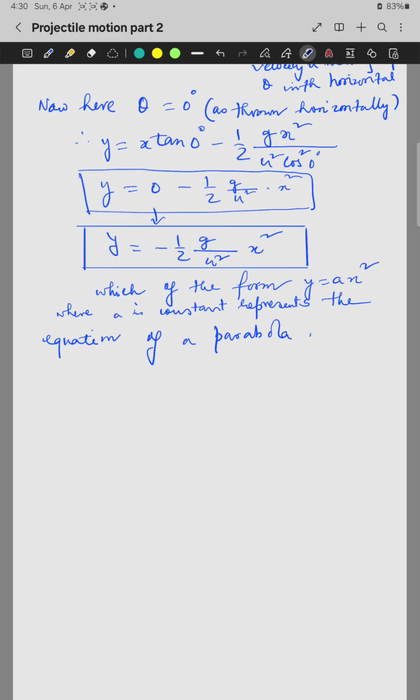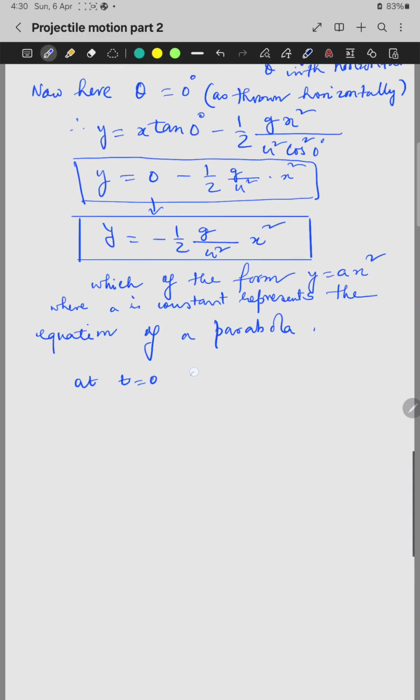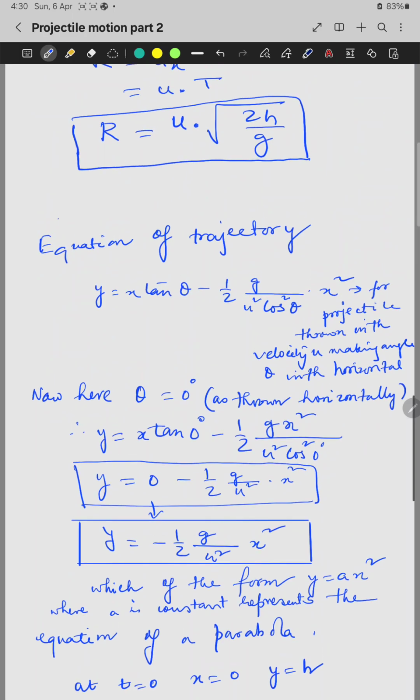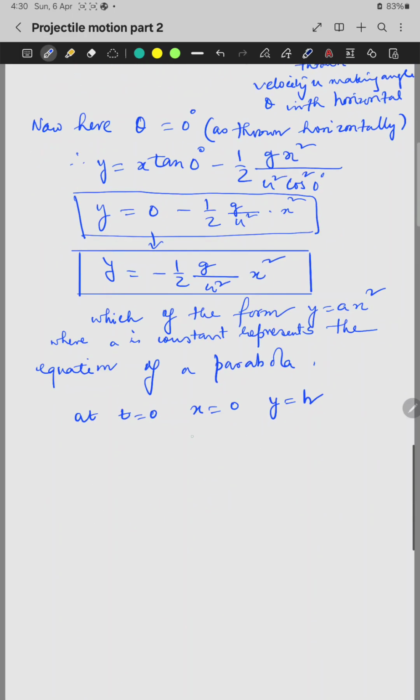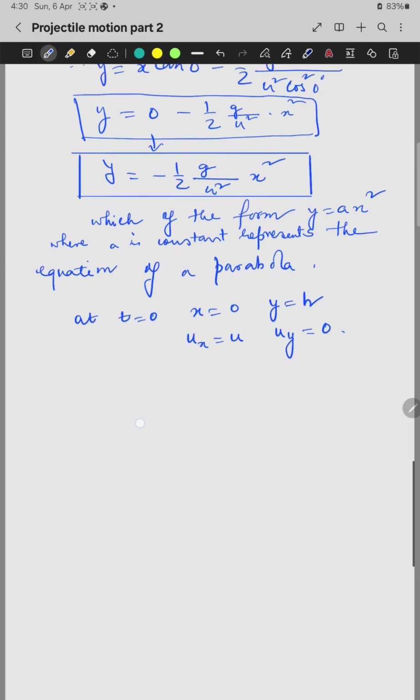If you want to summarize the equations once again, then at t equals 0, x equals 0 and y equals h, then ux is equal to u and uy equals 0.